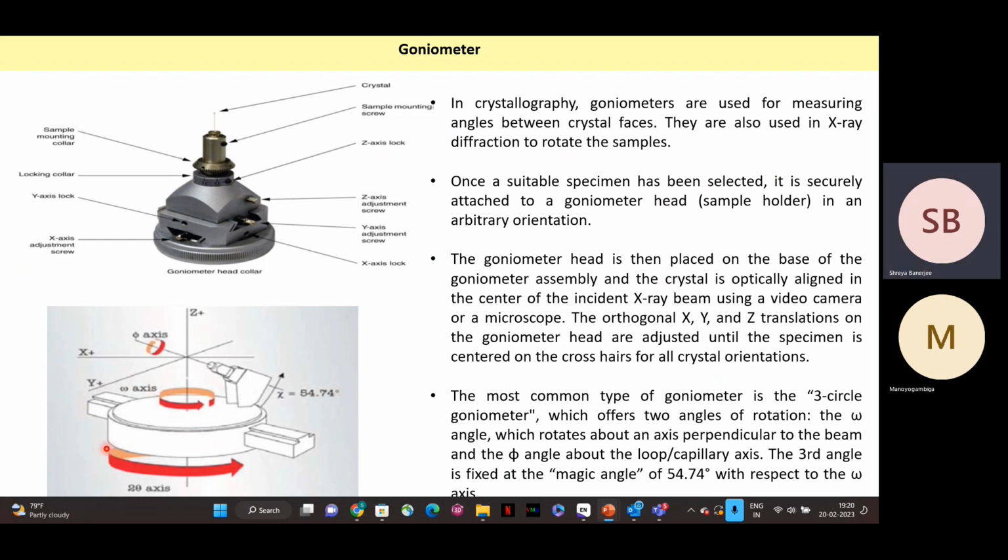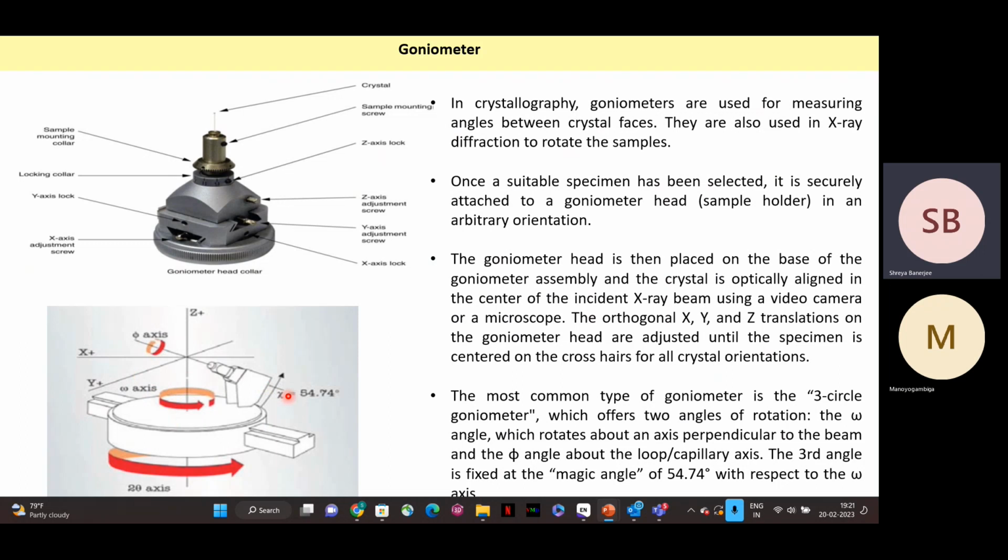It offers two angles of rotation: the omega angle, which rotates about an axis perpendicular to the beam, and the phi angle about the loop or capillary axis. So this is your goniometer head where the crystal is mounted, and the rotation along that axis is the phi axis, while the rotation perpendicular to the direction of the X-ray is called the omega axis.